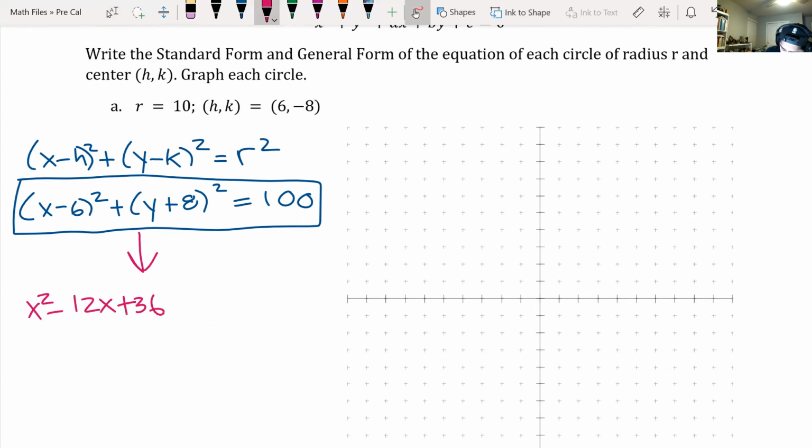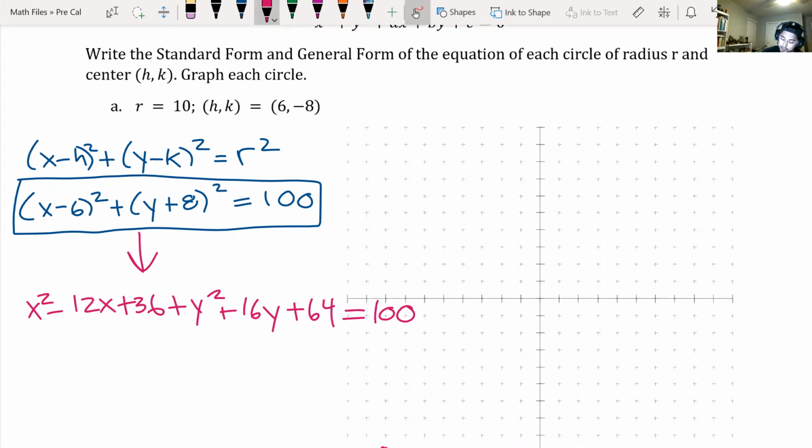Good. Plus what else? y squared plus 16y plus 64. Equal to 100. Then subtract. There you go.